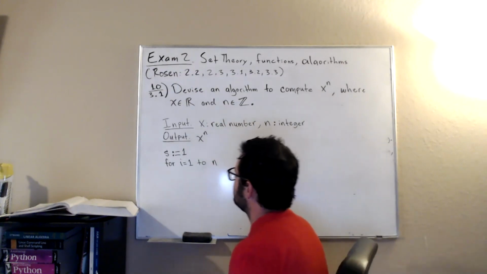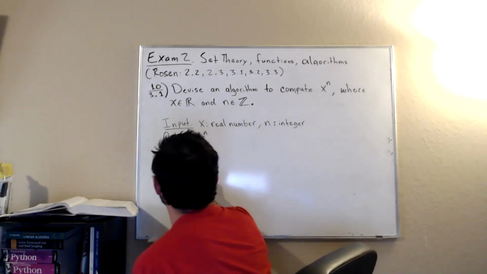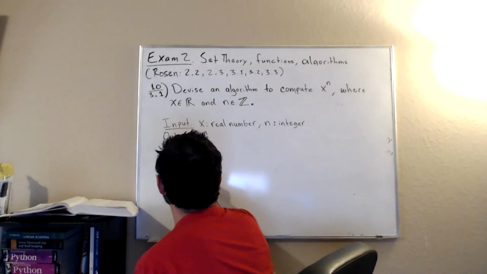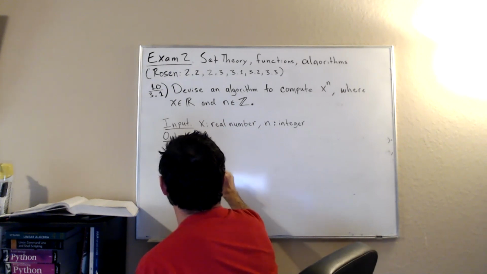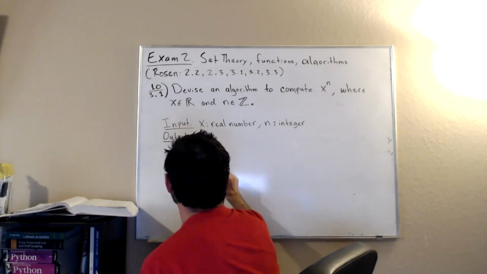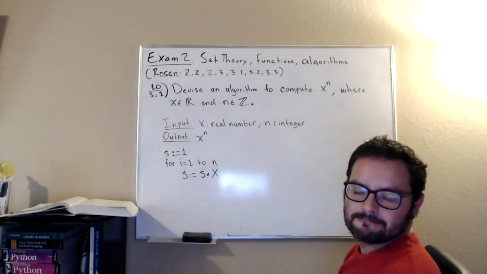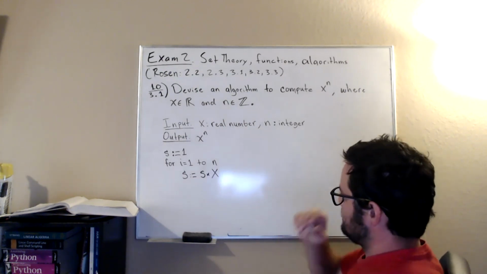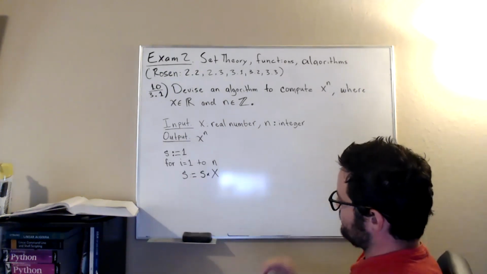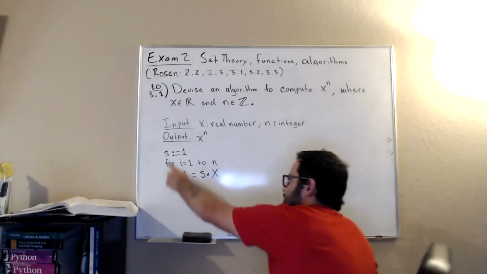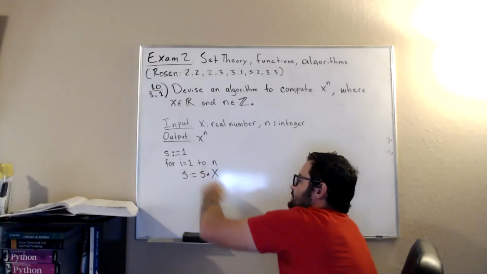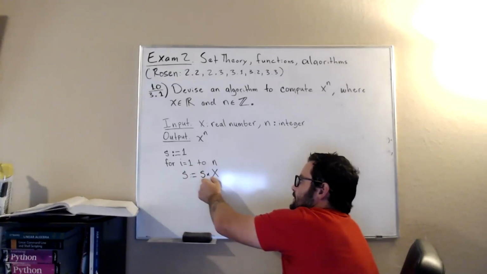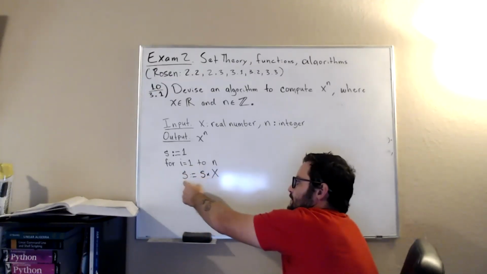I'm going to say s is equal to s times x. So what that's going to do is, at i equals 1, 1 times x is my new s.